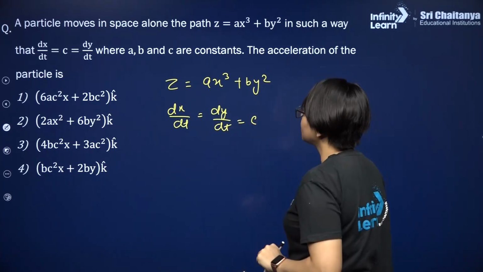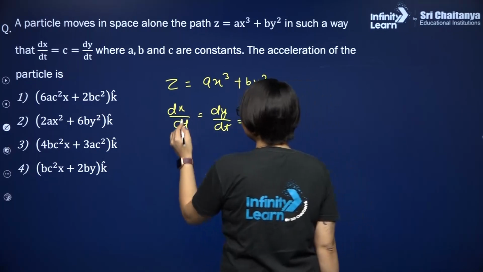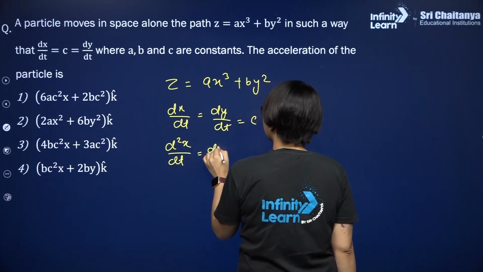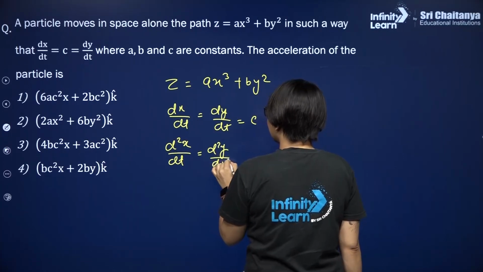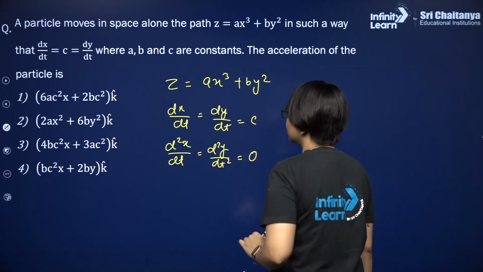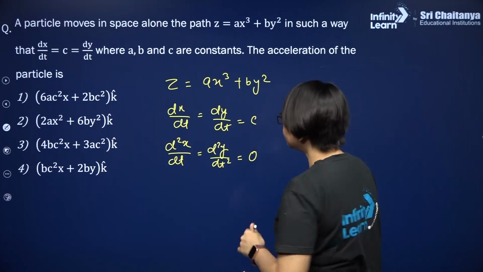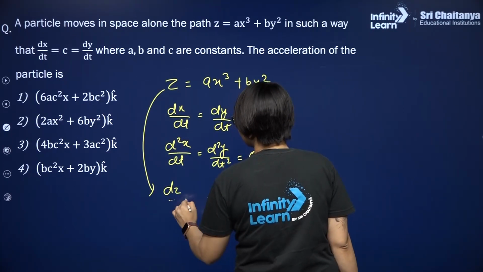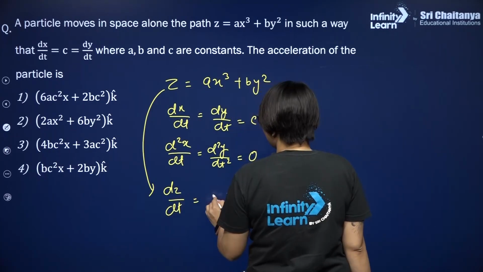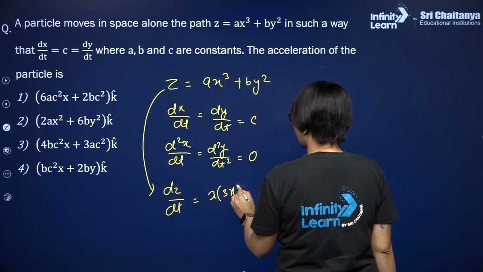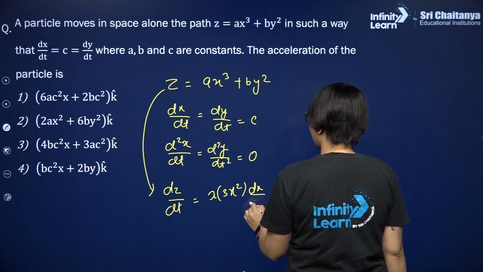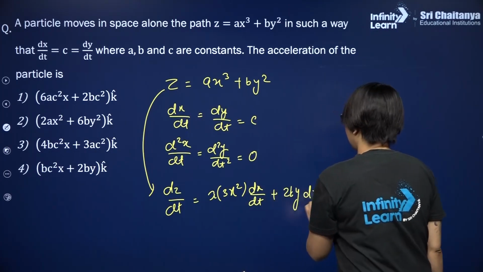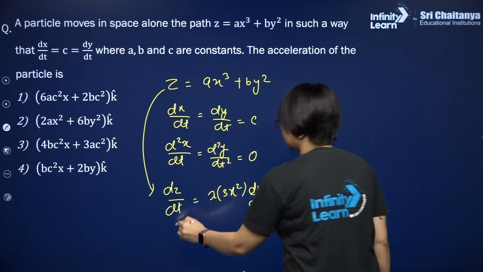The acceleration of the particle is, so over here if you double differentiate x with respect to time and y with respect to time, it will be differentiation of c, that is equal to 0 because c is constant, right. So, let us differentiate this equation with respect to time. So, it will be 3a x square dx upon dt plus 2b y dy upon dt. Now, let us further differentiate it.